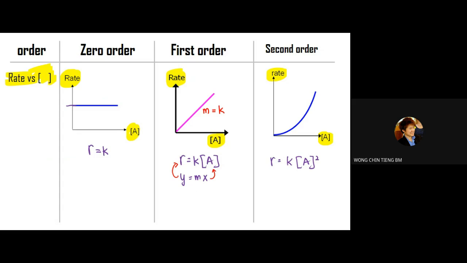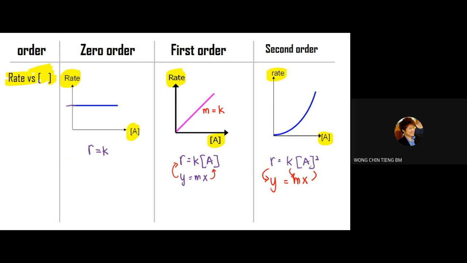Betul? Next. Nampak tak Y equals to MX square? Quadratic. Your quadratic curve that you learn in your mathematics. Your X adalah concentration. So your K sekali lagi adalah your gradient.